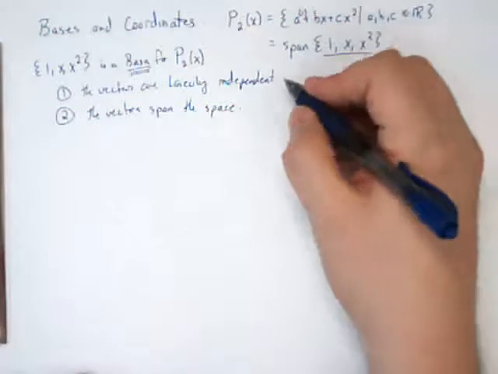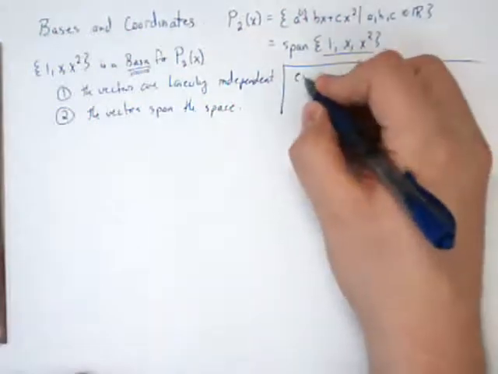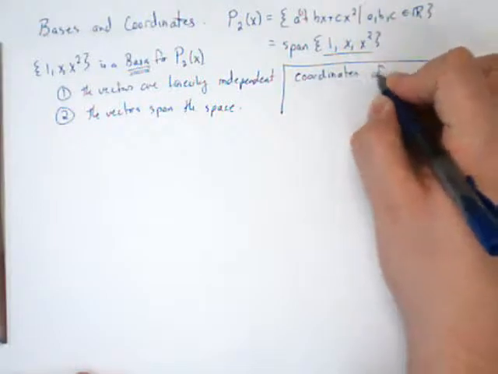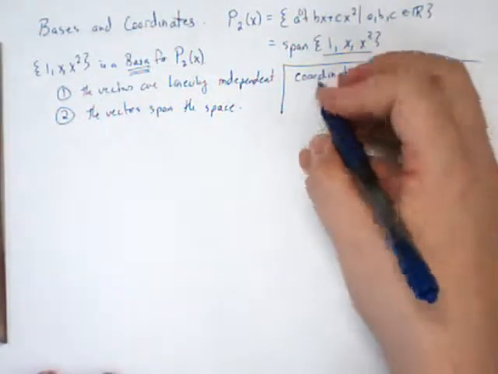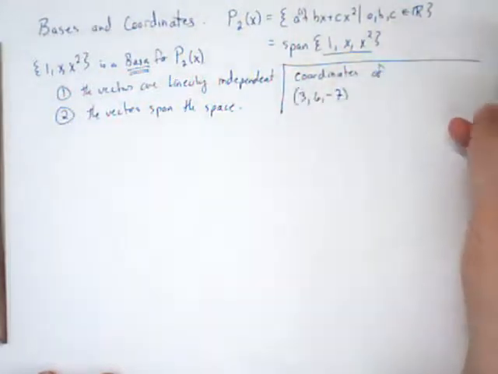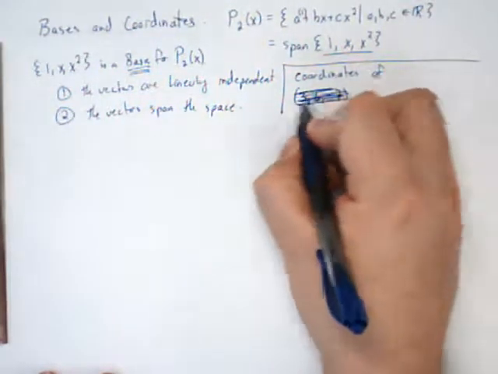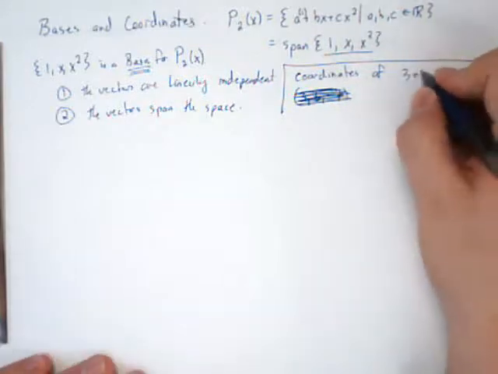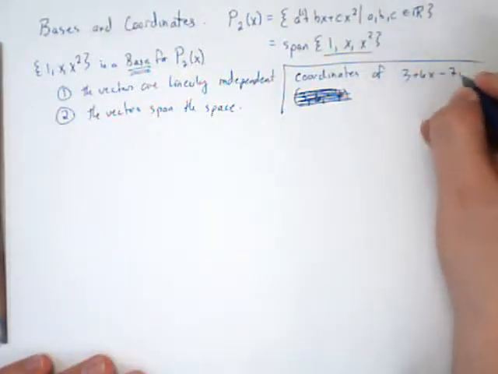Well, once you have a basis, you can obtain coordinates. And I just want to give you an example. Let's take the coordinates of a polynomial. We've got 3 plus 6x minus 7x squared.